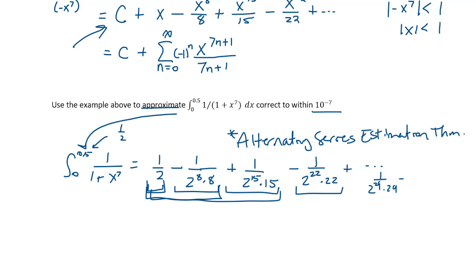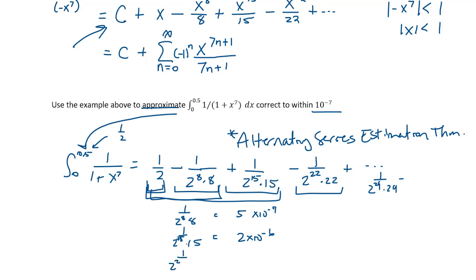So for this term right here, if all I needed was a half, what is 1 over 2 to the 8th times 8? I plug in my calculator, it's about 5 times 10 to the minus 4. That's too big. 1 over 2 to the 15th times 15 is about 2 times 10 to the minus 6th, which is still too big.